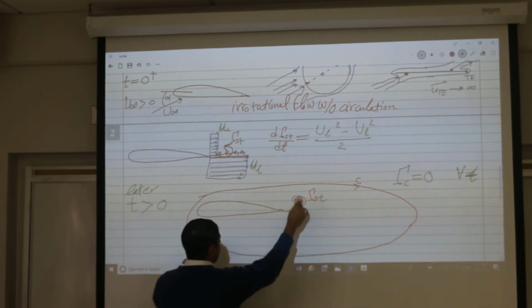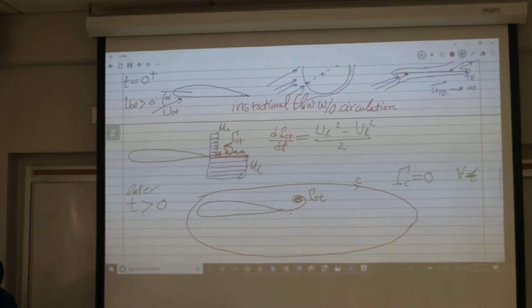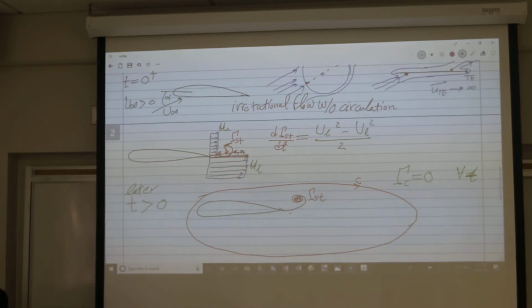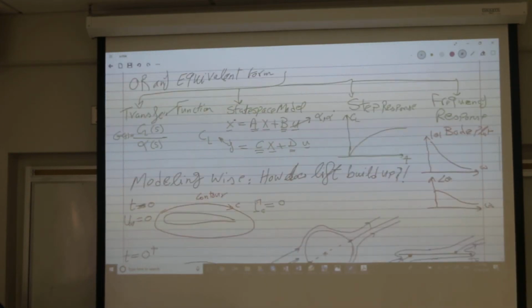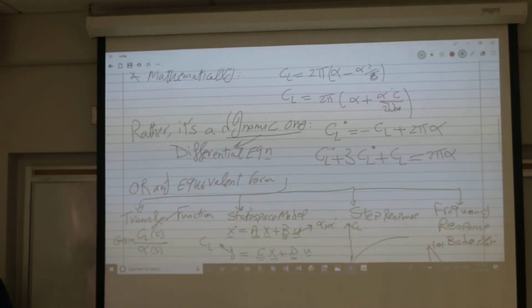So if this is generated, there must be another circulation somewhere. It has to be around the airfoil because nothing actually happens here. So this is your gamma bound, the bound circulation that we know.